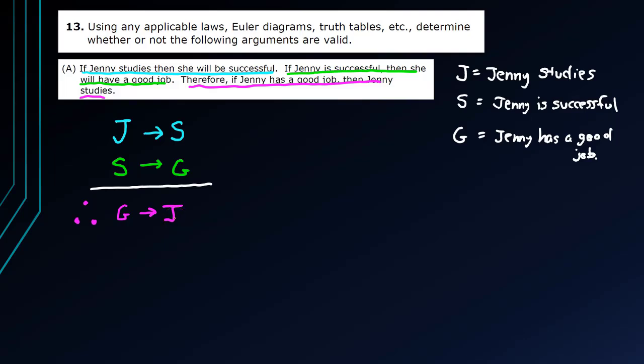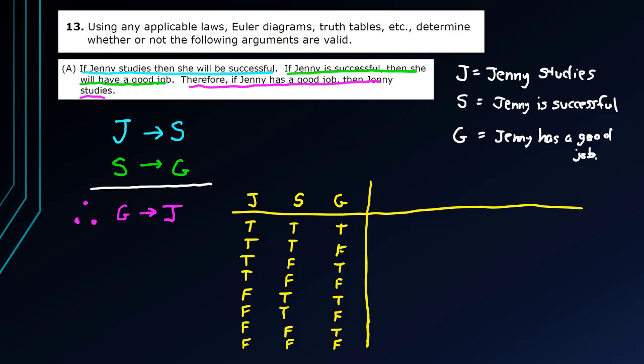What I want to try to find out is if in each instance where both of these are true, does it also follow that this has to be true as well? So again, I'm going back to my truth tables. I set up every possible combination of truth and falseness that these could have with each other, and I want to look at them and see, does this follow as a standard reason?